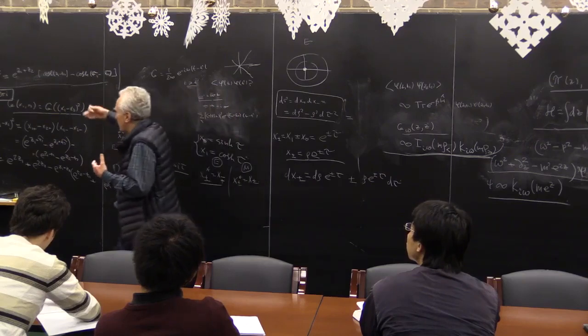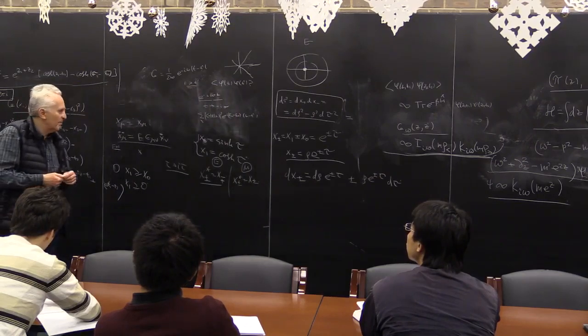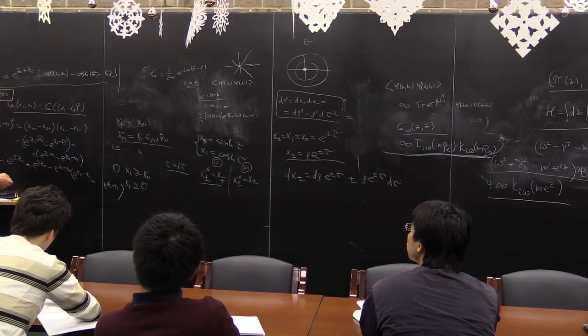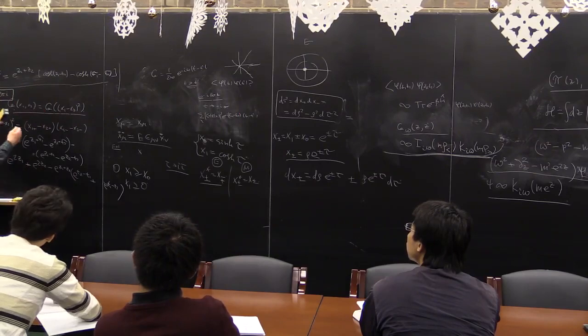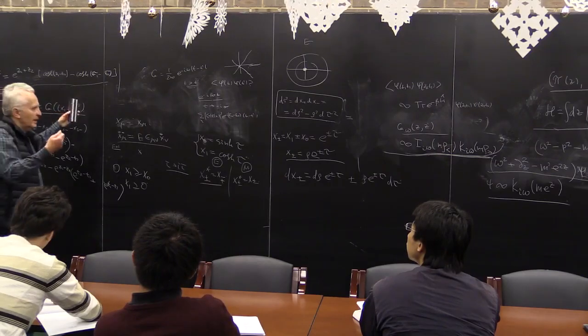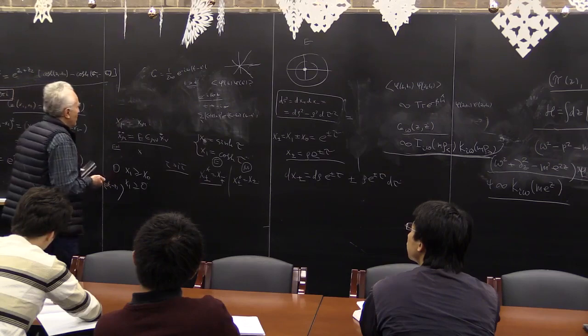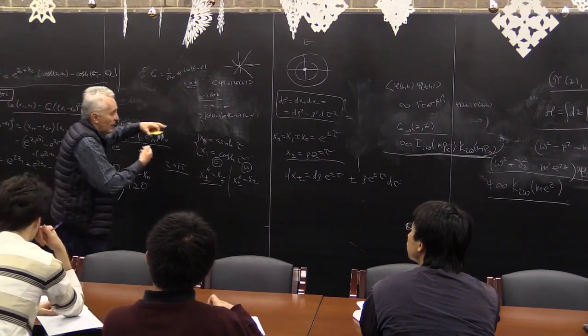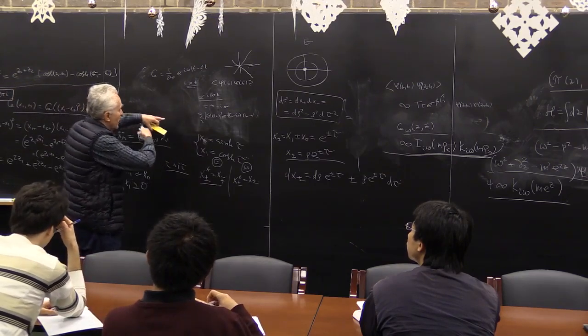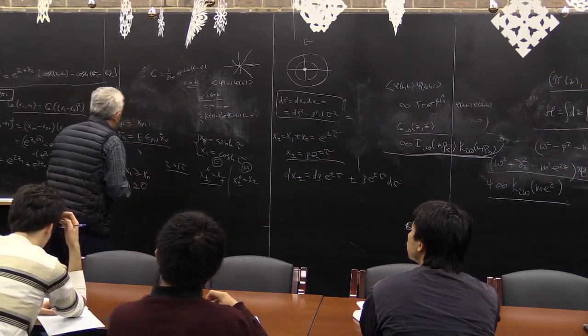It's a property of the background, this thermalization. But there are plenty of things to be understood better than they are now. And that's why I will now explain these things from a different point of view.